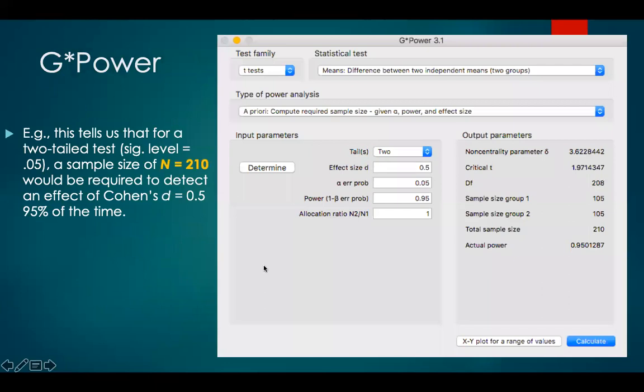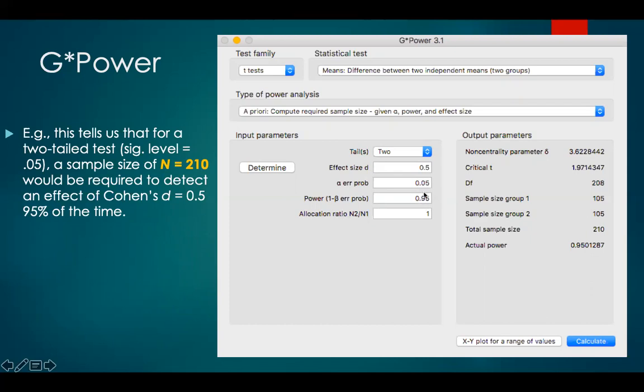Now, here's what G-Power looks like. So let's say you're looking for a difference between two independent means, so two different groups. And you have a two-tailed test because your hypothesis is non-directional. And you expect to find an effect size of 0.5, so that's a half of a standard deviation mean difference between these two groups. And you set alpha at 0.05, which most researchers do. Again, that's your p-value cutoff. And you're looking for 95% power.